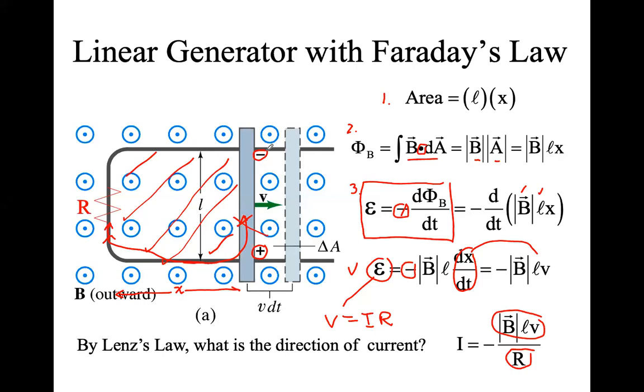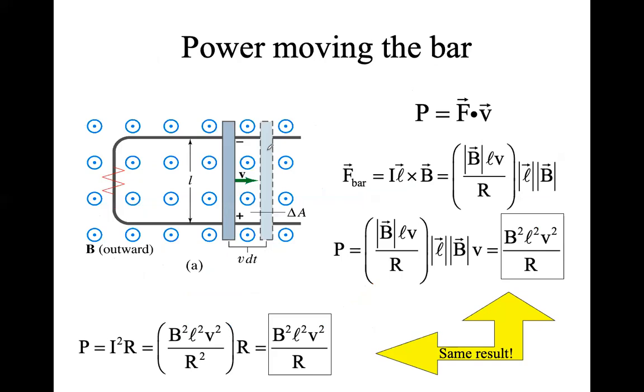A lot of the others are a little more difficult to see. But I want to talk a little bit about power in this circuit. If you remember from last week, today's Wednesday already, we talked about the force on this bar being the current times its length times the magnetic field.